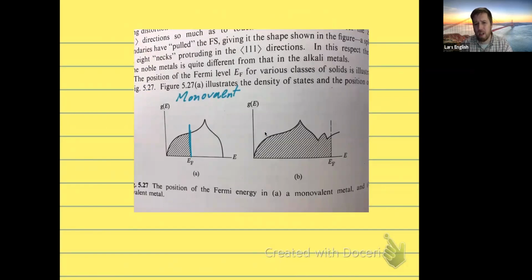So now let's think of monovalent metals versus divalent metals again. We're going to try to come full circle here. With the monovalent metal, we know that the first band is only half filled. And so here's my population density. This book here calls it little g of E. Our book calls it capital N of E, so I've gone with the notation of our book. So we're plotting population density, capital N of E, as a function of E. And here's my shape, but I'm only half filling that band.